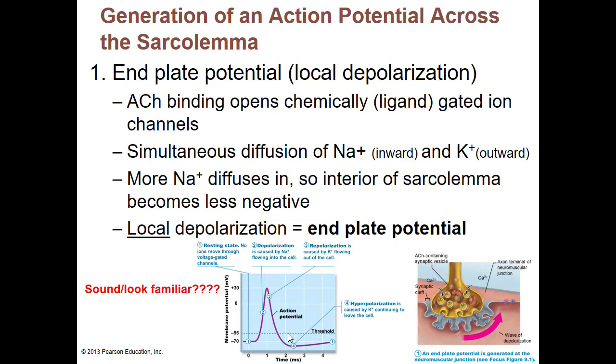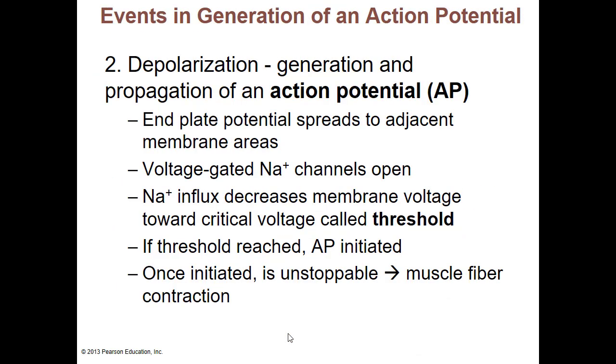Now, having just a few sodium go in at the neuromuscular junction is when we're starting to get to that threshold stage of creating a full action potential. Because then we get to the next part, the full depolarization. That end plate potential, the slight change in electrical impulse right here at the neuromuscular junction, is going to move.